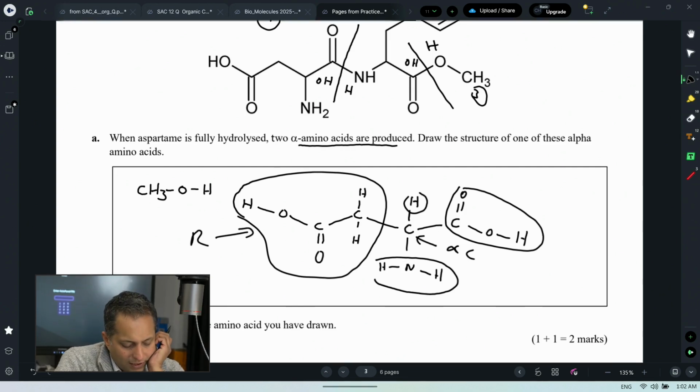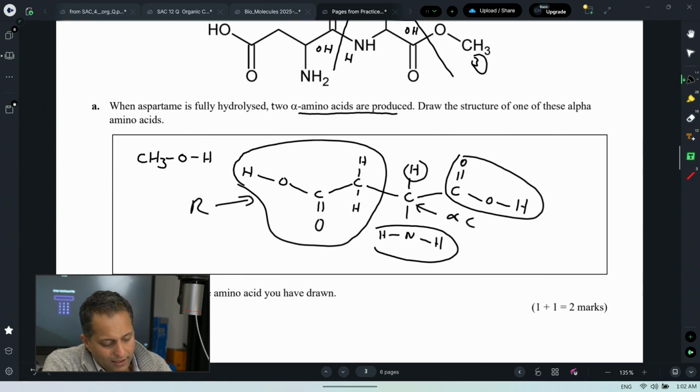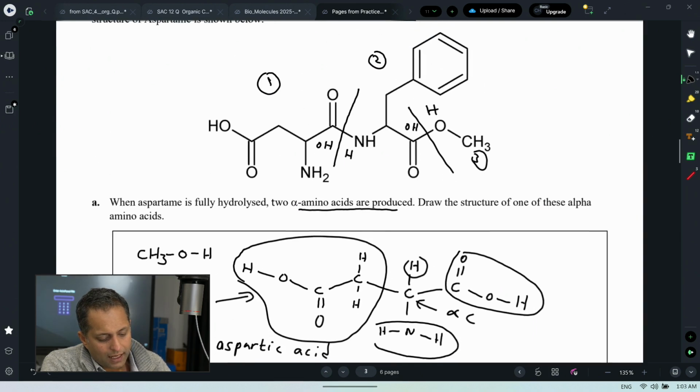If you look at the data booklet, I know this is an alpha amino acid. This R group is CH2COOH, which is what? If you have a look at the data booklet, this is aspartic acid. Aspartic acid. Simple.